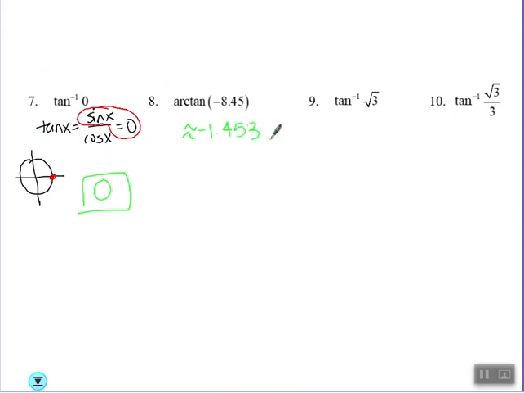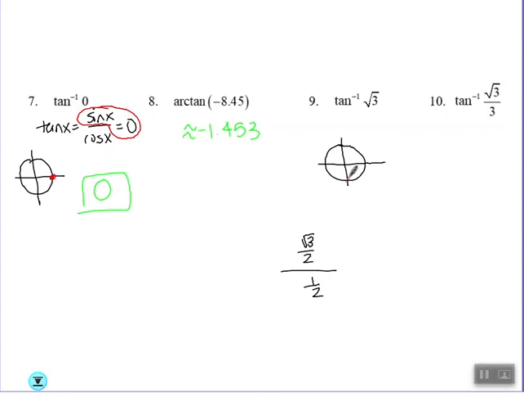If we look at inverse tangent of square root of 3, this takes a little bit more thinking. To get that tangent is square root of 3, you've got to think about what is sine and what is cosine for the tangent to end up being square root of 3. To end up with square root of 3 as your tangent, you would have to have square root of 3 over 2 as your sine and 1/2 as your cosine.